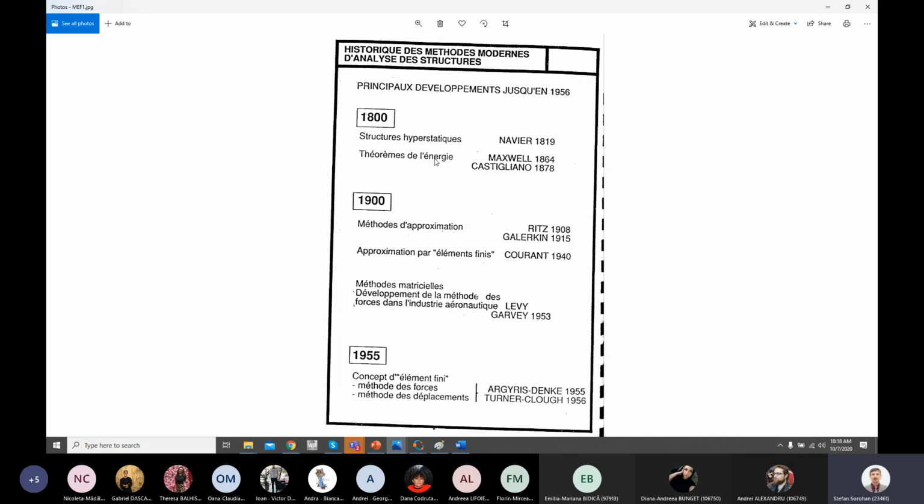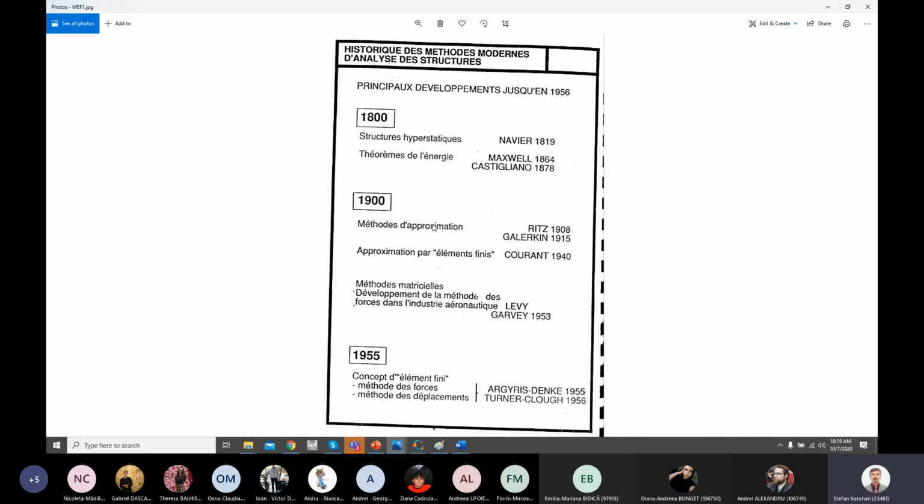The energy theorem, or energy methods, if you want, was developed by Maxwell later. Castigliano, please remember the theory of Castigliano. After that, Ritz had a very important contribution, and you will see in the finite element course that the finite element method is mainly a Ritz method, or sometimes it's called the Rayleigh-Ritz method.